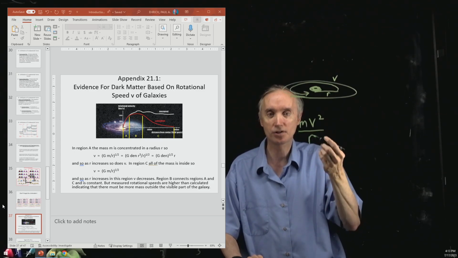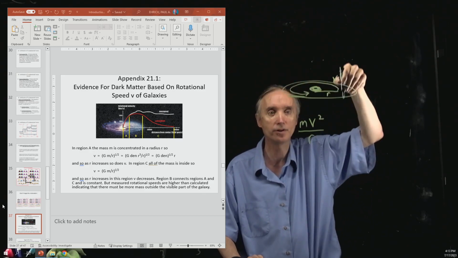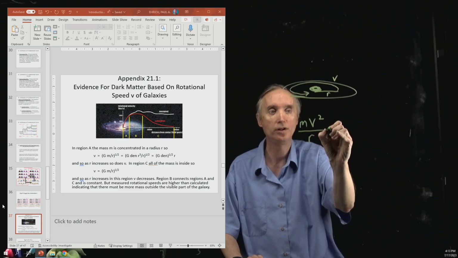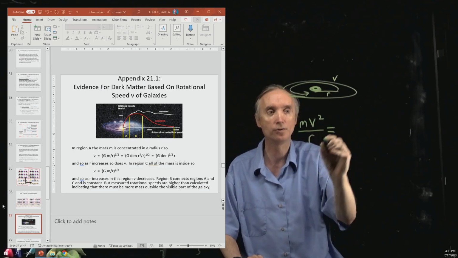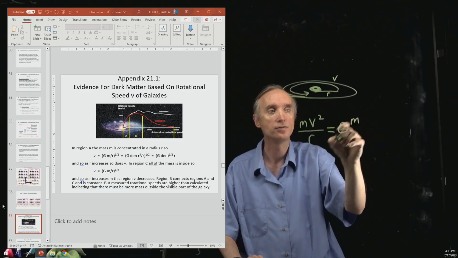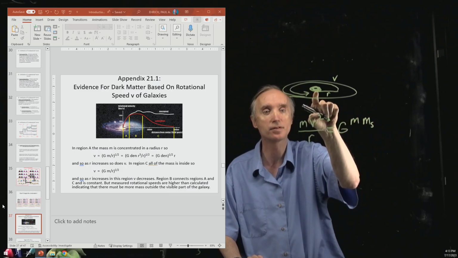The thing that's causing the centripetal force, the thing that's making it go in a circle, is the force of gravity. So we could set this equal to big G, m, and then let's say this is the mass of the center of this thing here.